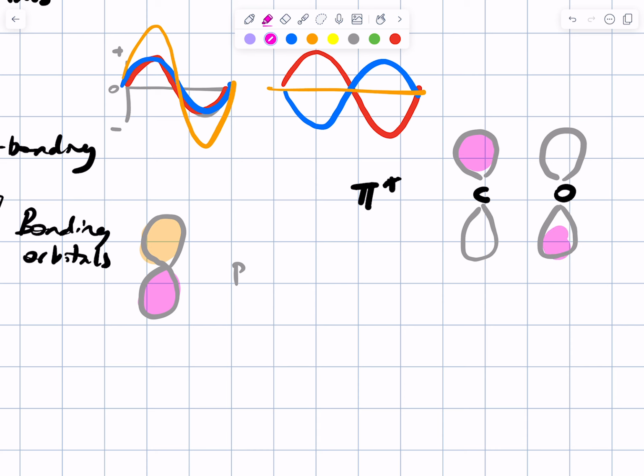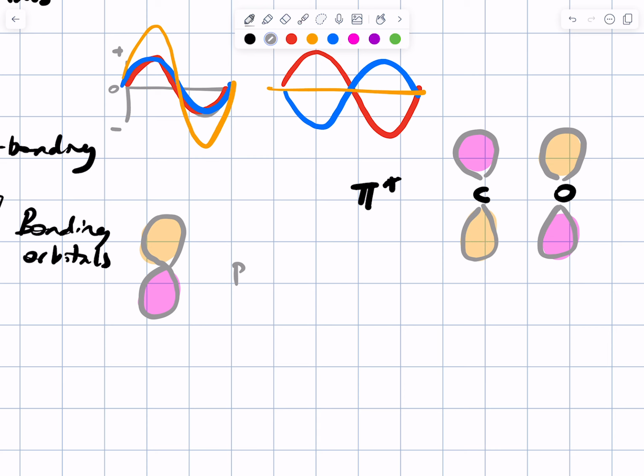But they're going to come together side by side, but there's going to be a switch in wave function sign as we go from left to right. That is, the wave function sign is going to have, let's say, positive magnitude here. It's going to go through 0 in between and then have negative magnitude over here. Or negative magnitude here, and as we go to the right, go through 0 and positive magnitude.